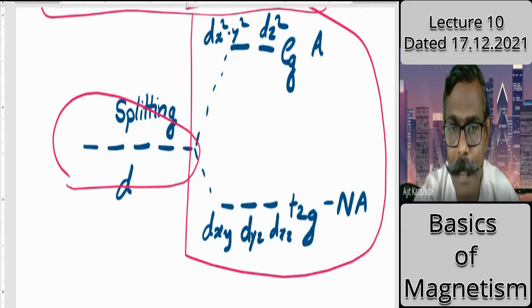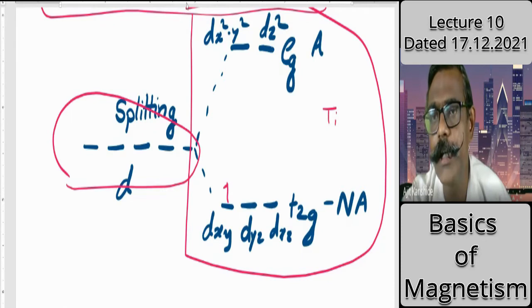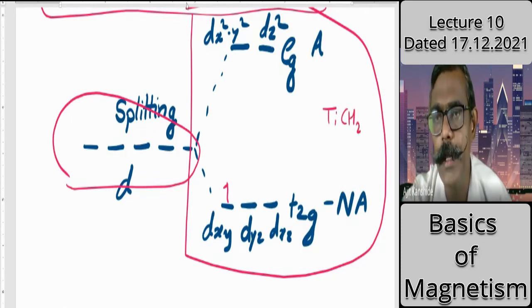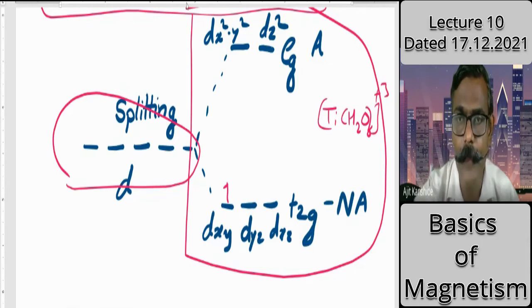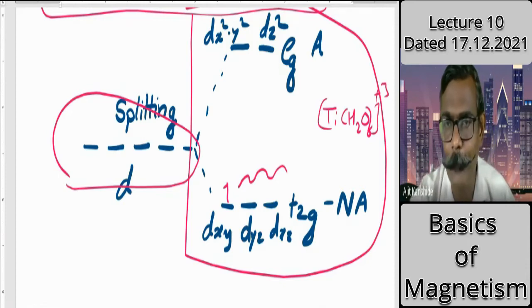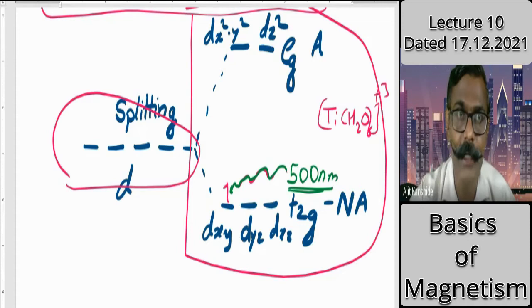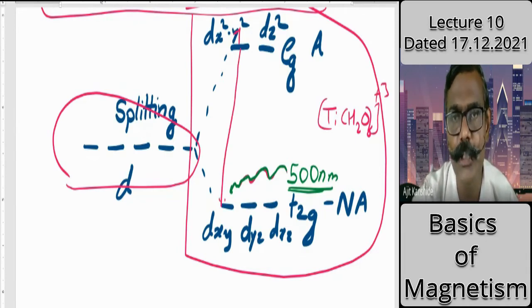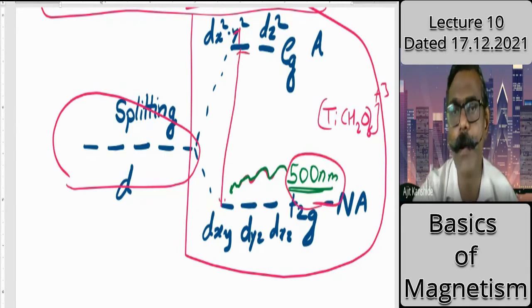So if any unpaired electron remains, say in the case of the titanium aquo complex, Ti(H2O)6 3+, then that unpaired electron will absorb that energy. Actually, it absorbs the green wavelength, of about 500 nanometer. After absorption, the unpaired electron excites to a higher energy level, because the gap is such that it absorbs this 500 nanometer wavelength.